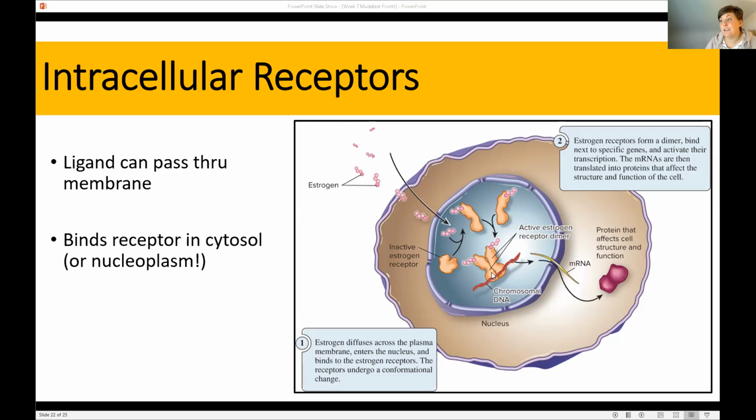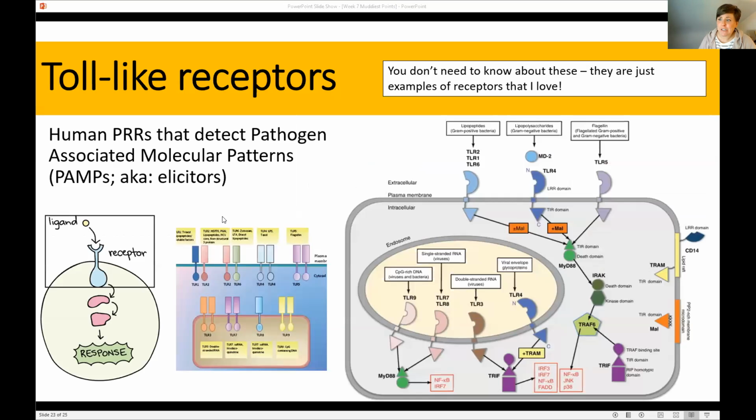Its receptor is located really close to DNA, because once estrogen binds its receptor, that receptor is called a DNA binding protein. So once estrogen binds its receptor, it binds DNA and causes some sort of genetic change. All right, so those are your intracellular receptors.